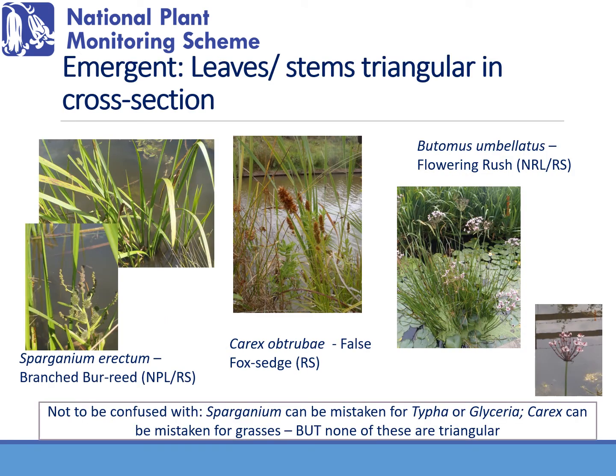Okay, so we're now going to look at some of these species which have leaves or stems that are triangular in cross section in a bit more detail. On the left we have Sparganium erectum, which is the branched burreed. There are actually 4 different species of burreed, but we're only interested in this particular species, the branched burreed, for the purposes of NPMS.